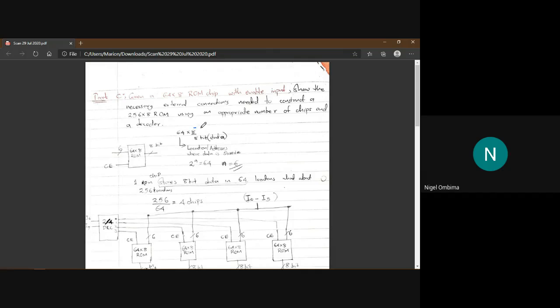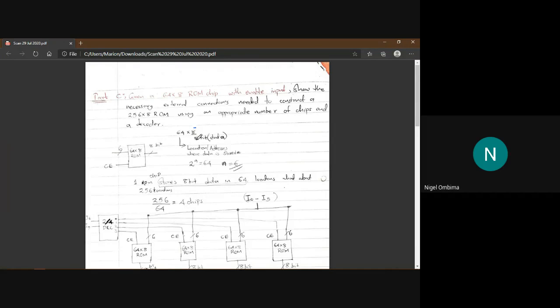In order to get the input into the ROM, we all know that a ROM has a decoder inside, which gives the input of data inside the ROM. So kupata input ya ROM ya decoder, unafanya 2 power n is equals to 64.